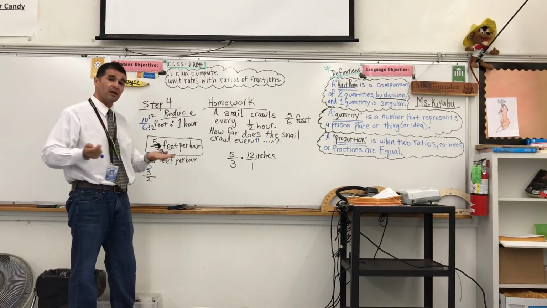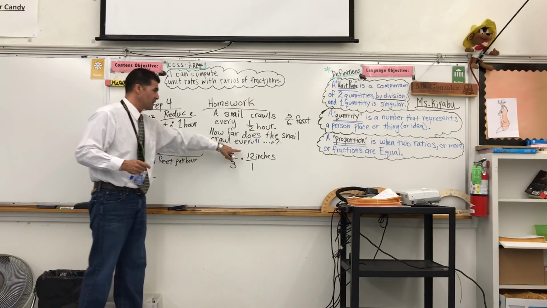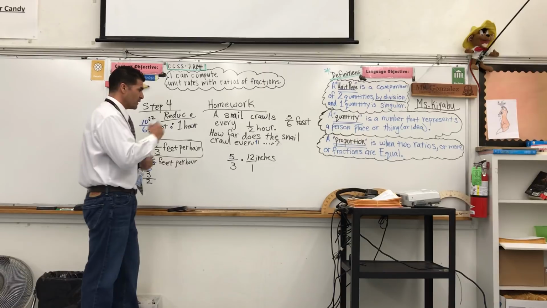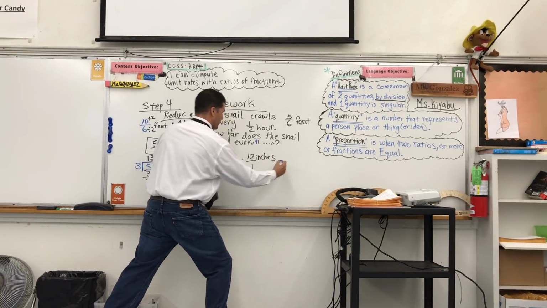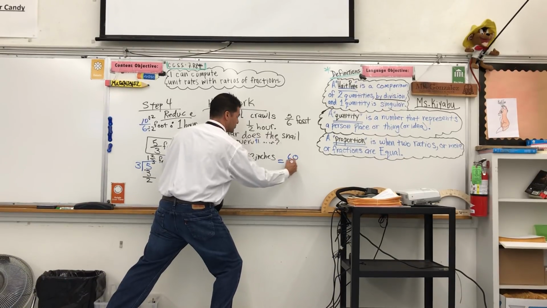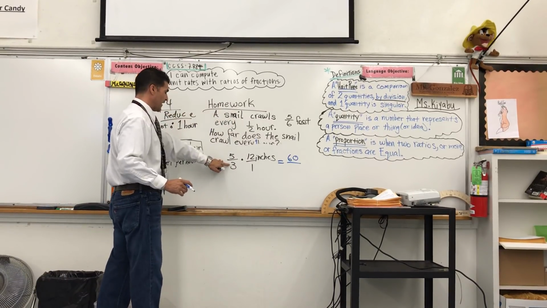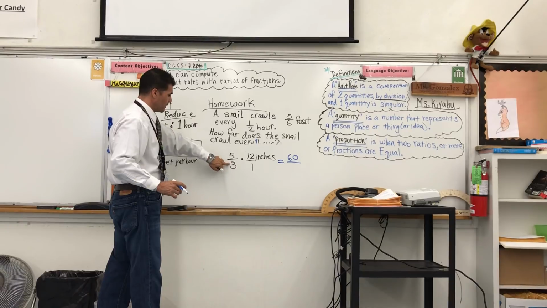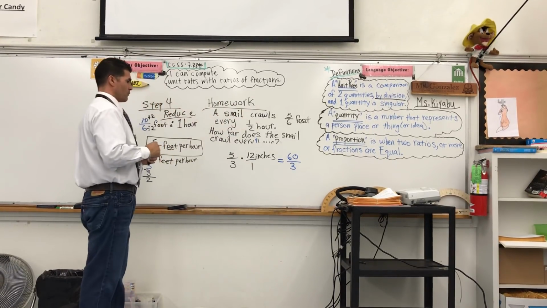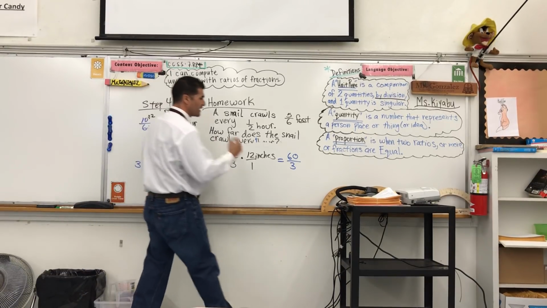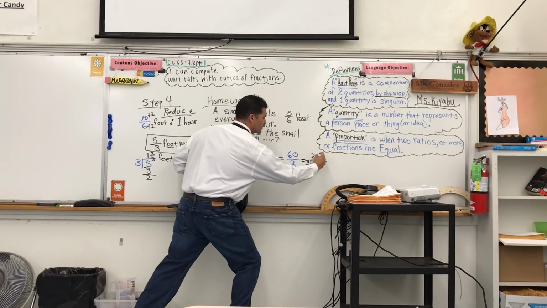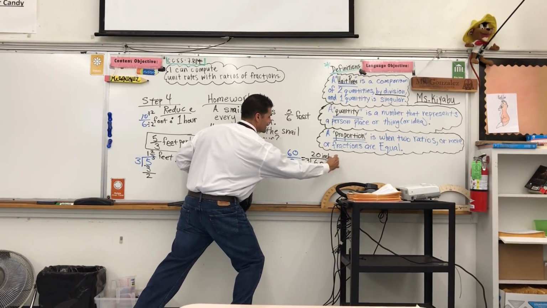So you're really multiplying by the same quantity. 12 inches is 1 foot. They're equal to each other. So here, 5 times 12 is 60 inches. And now 3 times 1. And this gives me 60 divided by 3 equals 20 inches.